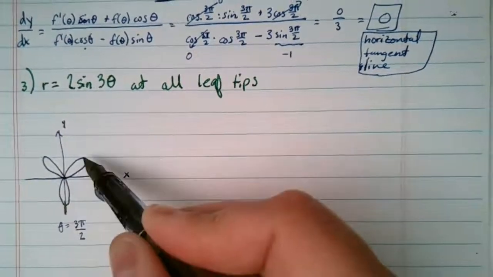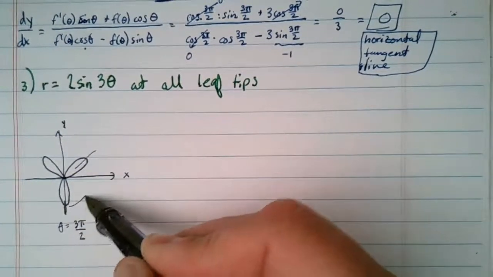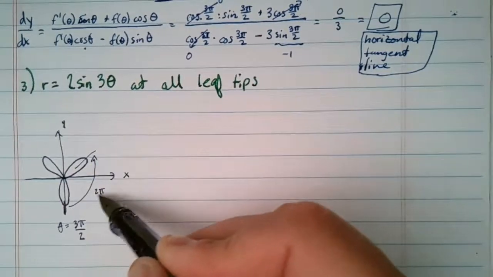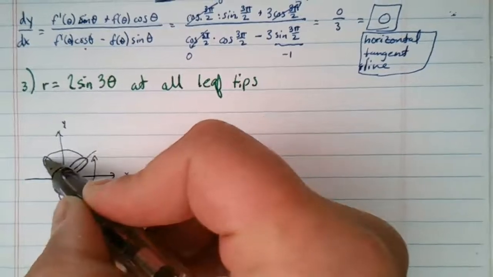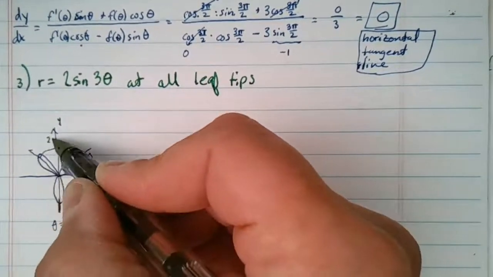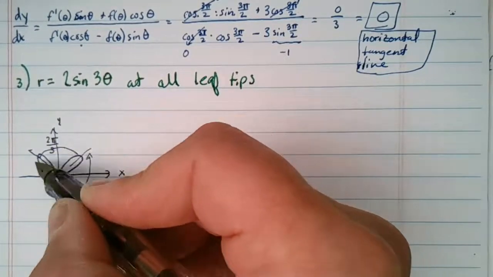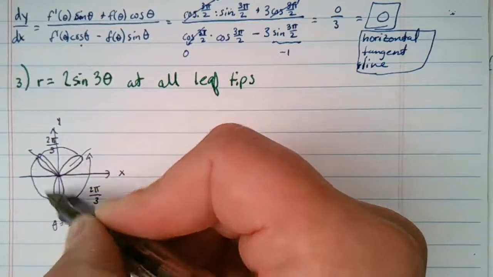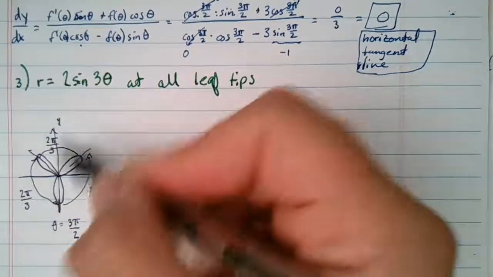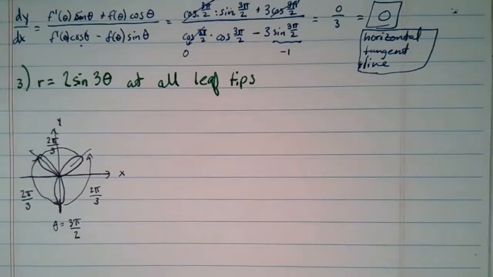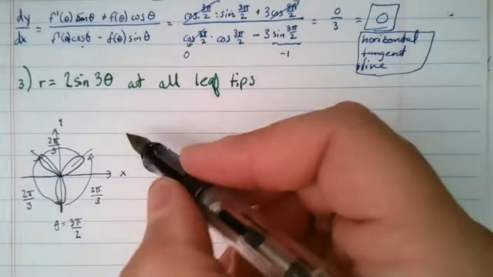So from here to here has to be 2 pi by 3, and from here to here has to be 2 pi by 3, and then from here to here has to be 2 pi by 3, and that whole thing adds up to 2 pi. Okay, so cuts our unit circle into thirds.